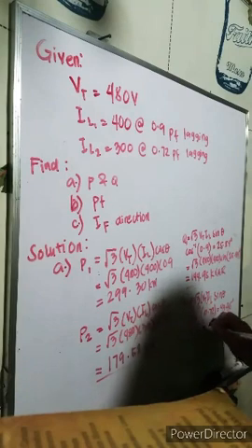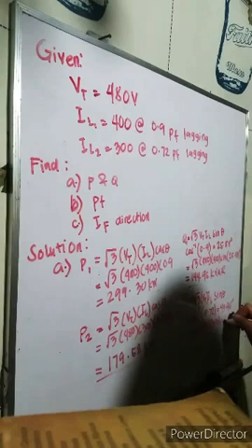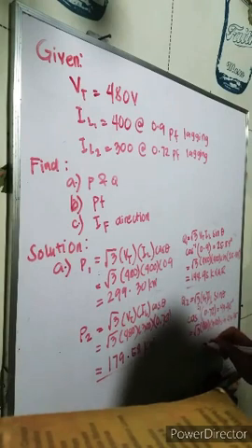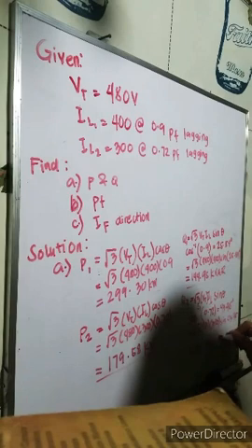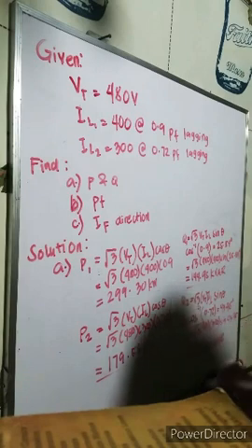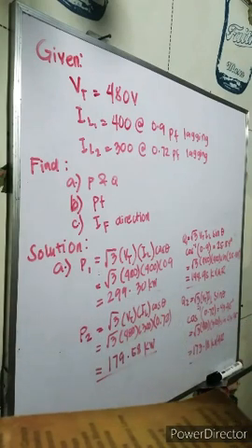So input the values. It is equal to square root of 3 times 480 volts times 300 amperes times sine of 43.95, which is equal to 173.10 kVAR.